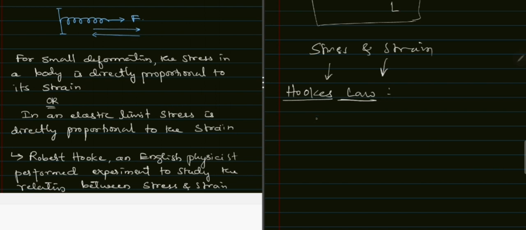So what is Hooke's law here? For a small deformation, or within the elastic limit, the stress is directly proportional to the strain. He told that in the elastic limit, the stress is directly proportional to the strain.